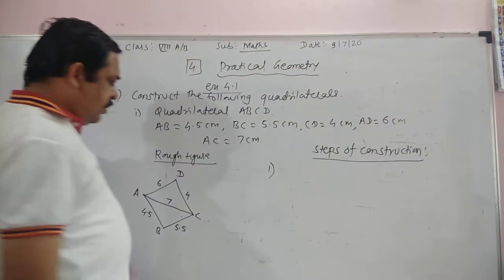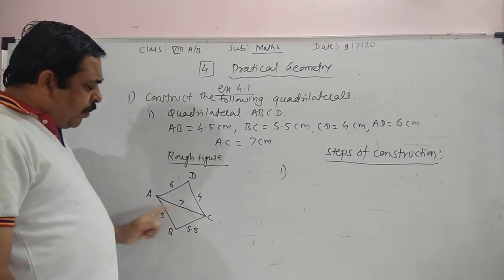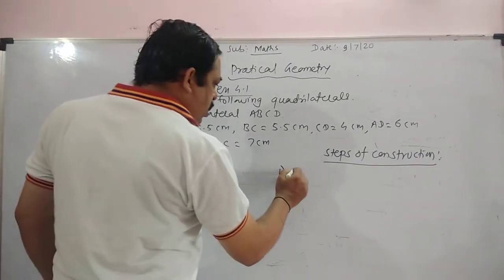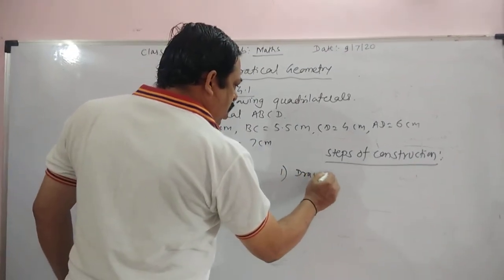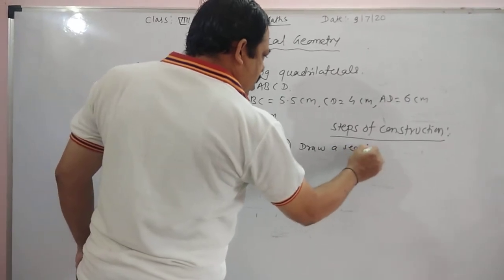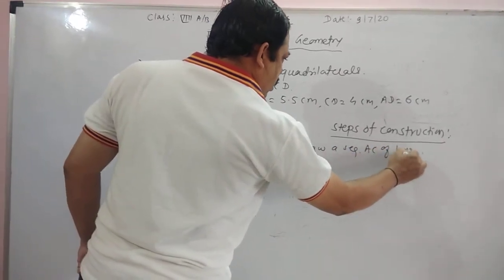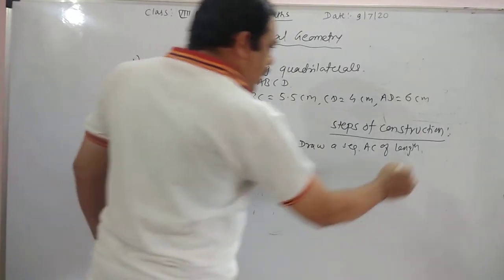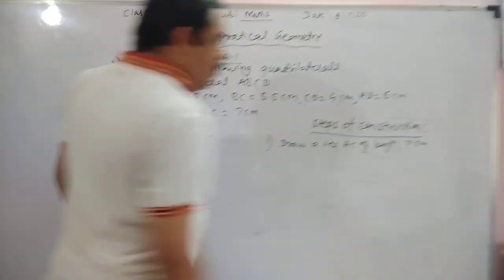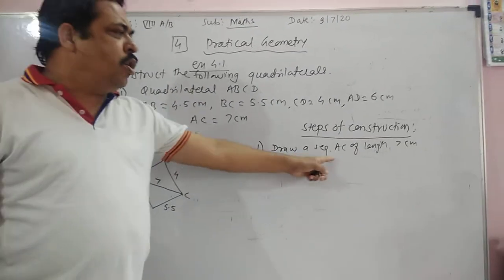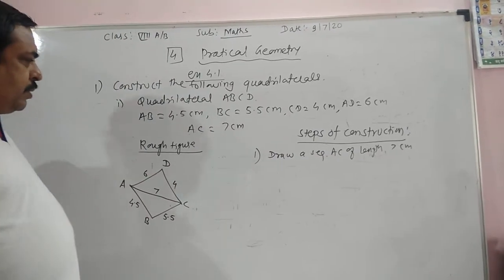Step number 1. Draw a segment AC of length 7 centimeter. First we have to draw one segment AC of length 7 centimeter.